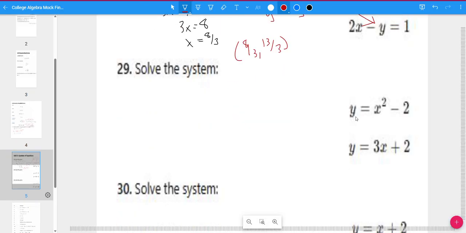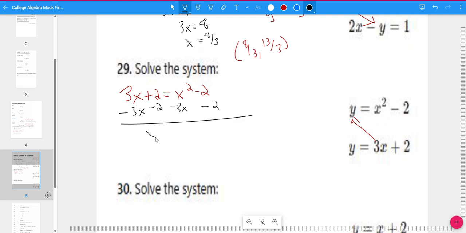29. This one already has y by itself, so we can just plug this one directly into it. So I get 3x plus 2 equals x squared minus 2. Get the left side equal to 0, so minus 3x. There's nowhere to put it over here, so I'm just going to write it here. Then minus 2, minus 2.